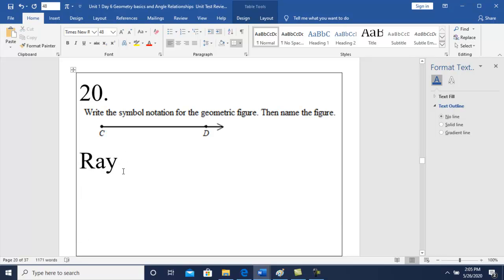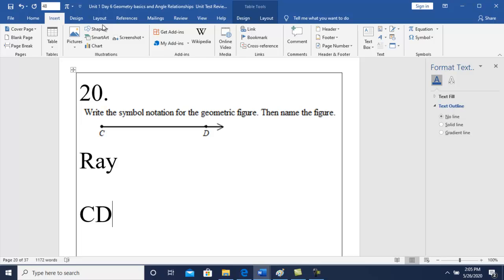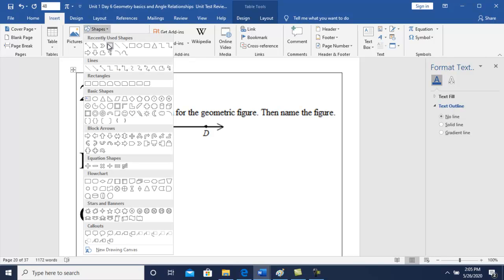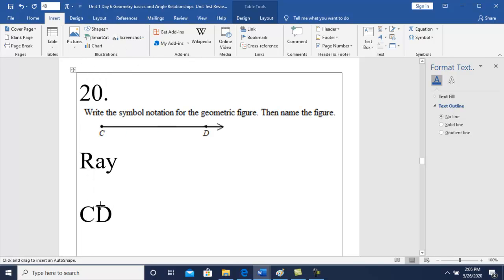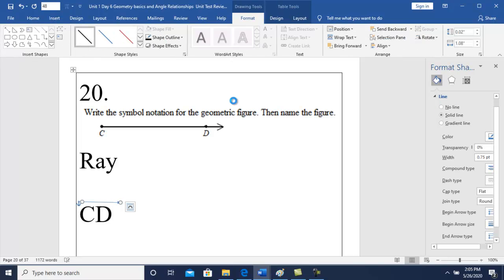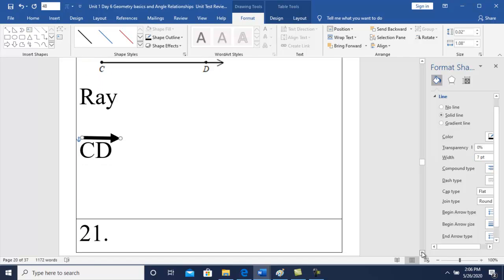The name of this ray would be CD, and when you notate it, make sure you draw the symbol for the ray above it. Okay, so that would be it. That's all they're asking for.